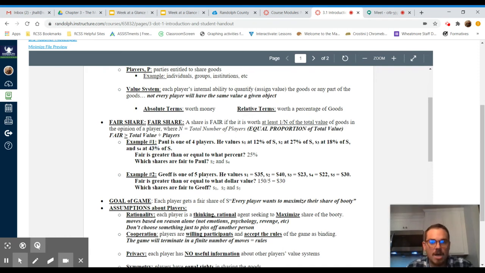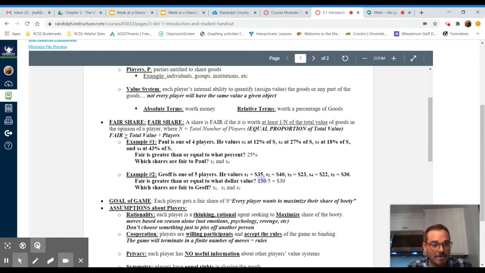So 35 plus 40 plus 23 plus 22 plus 30. If we add all that together, we get 75, and then another 45, so 120, and then 30, 150. So $150 is all the shares.